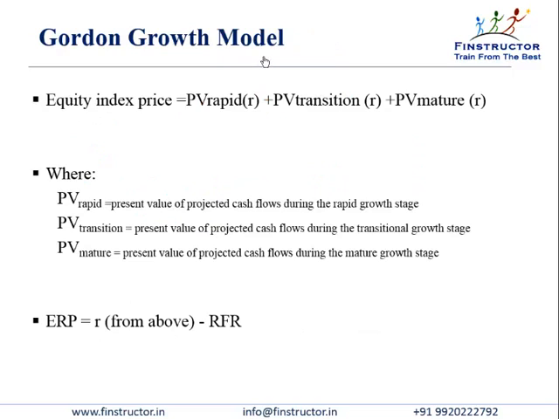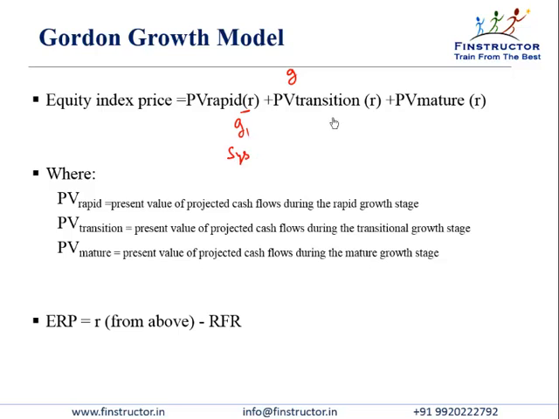Now for many countries, computing and applying that sustainable growth rate assumption may not be the best option. So what we do is that we estimate 3 growth rates. G1 is the rapid growth rate, maybe coming for the next 5 years.